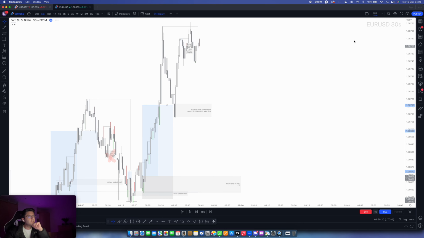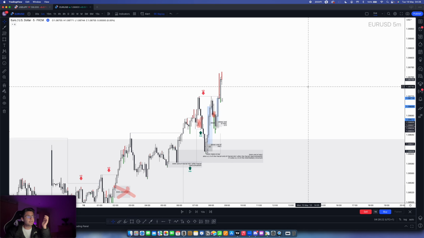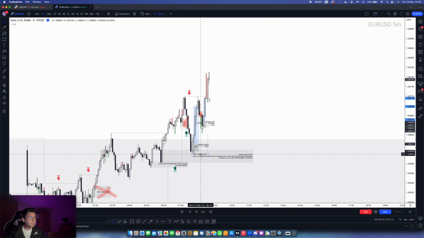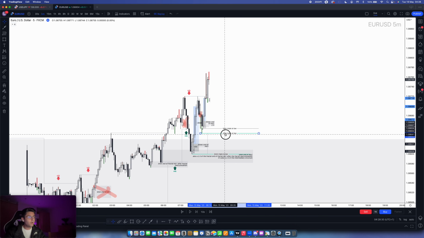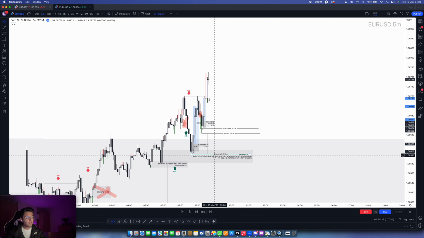Bearing in mind, guys, the 5 minute I know for a fact is not invalidated yet. So 5 minute triple M low at first was there, it then ended up there, and it then ended up there. So when it's the first triple M all the way at the bottom, I'll be happy to stop looking at the 30 second even if price trades a tiny bit below it.